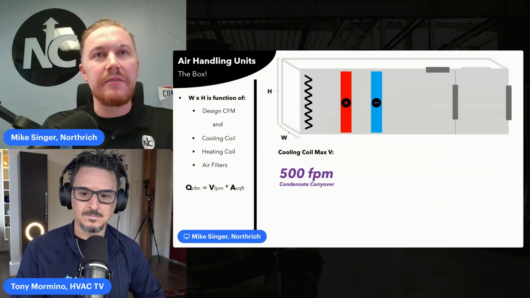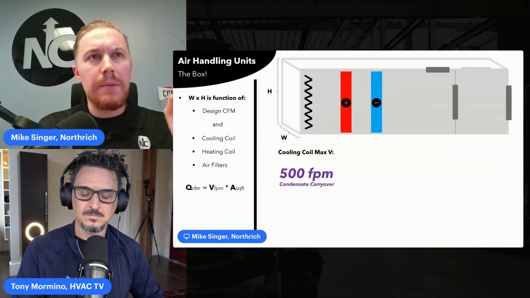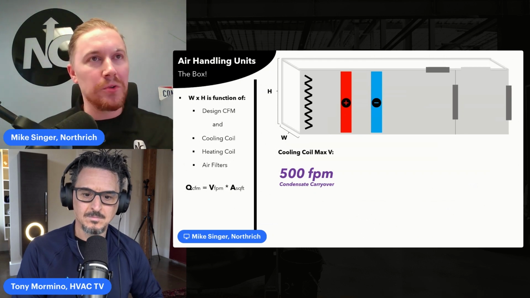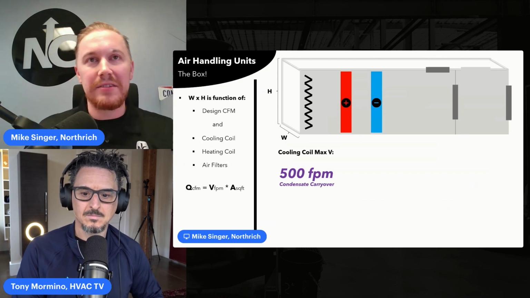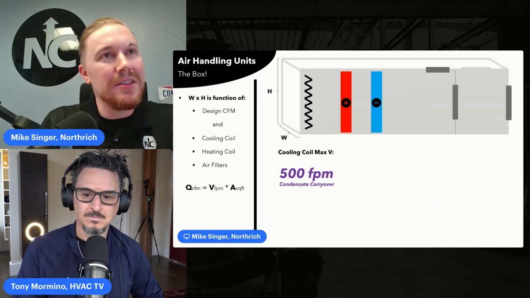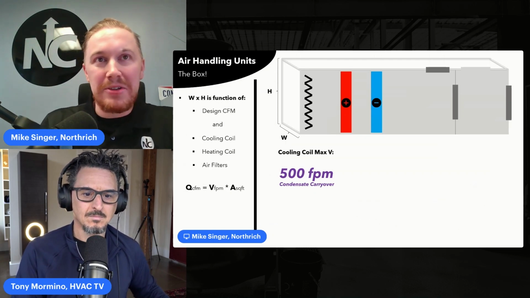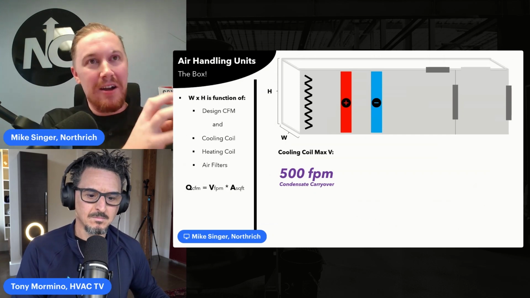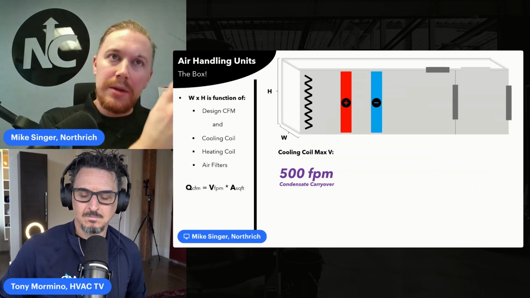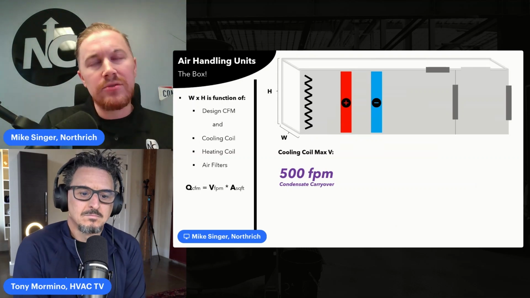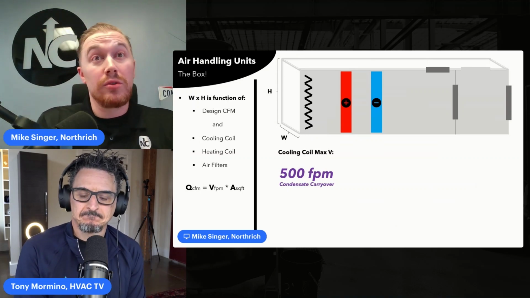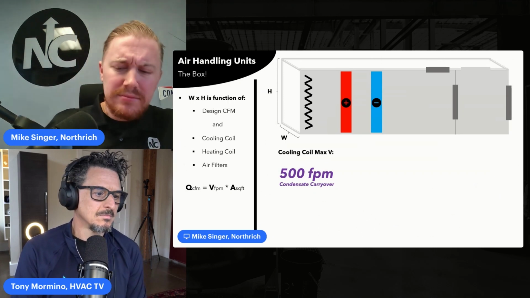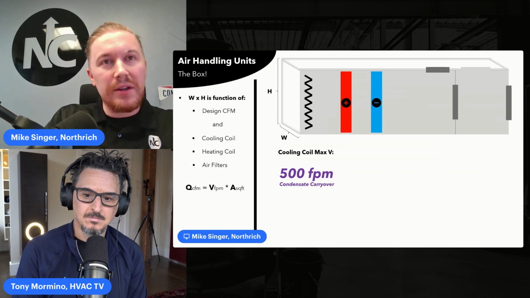Well, that is the velocity at which we're typically not going to dislodge condensate droplets off of our cooling coil and send them down the rest of the air handling unit to corrode the duct work or damage our filters and fans, right? We want to pull moisture out of the air, turn it into liquid water, and let it drip down the cooling coil and into the drain pan of the chilled water coil. We don't want to dislodge it. So if we keep that velocity at 500 feet per minute, we avoid condensate carryover.